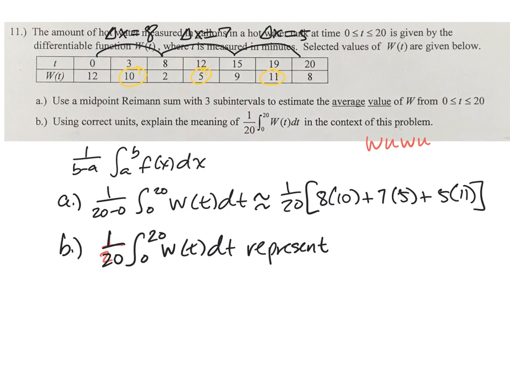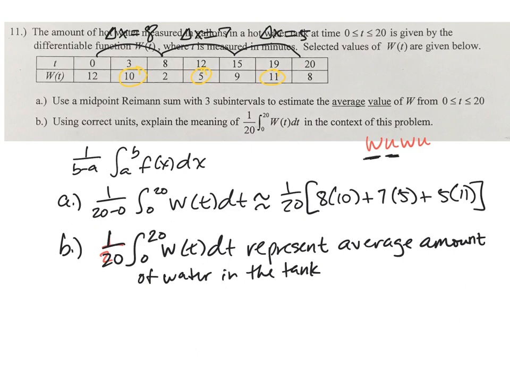So this 1/20th of that integral would represent the average amount of water in the tank, and don't forget units. So we've said what, now let's say what units. It's measured in gallons. And then the second W is for when, so we'll say from t equals 0 to t equals 20. So that was the when, and then let's include those units, and that would be in minutes.